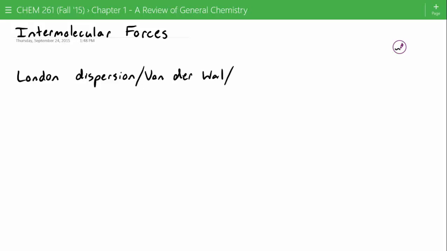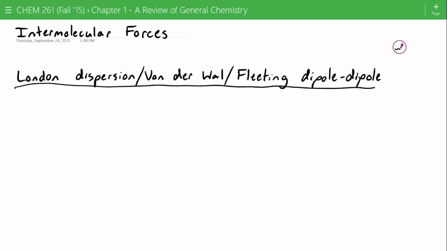And other people just call it fleeting dipole-dipole. I'm fine with you guys using any of these definitions. They're just different ways of describing the same phenomenon.